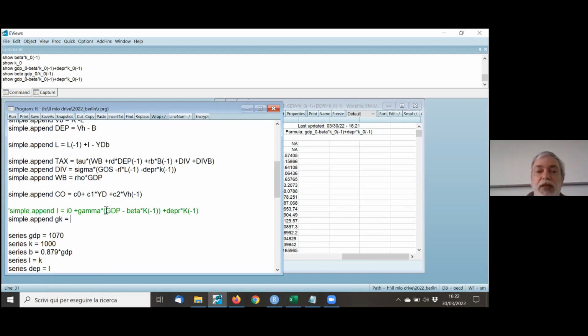So let's say that this is GDP minus beta K minus 1. What can be the utilization rate would be GDP over K.